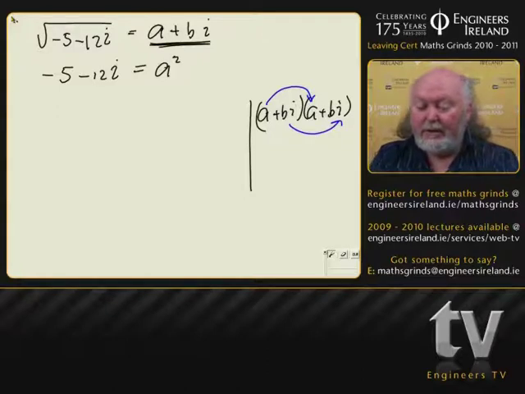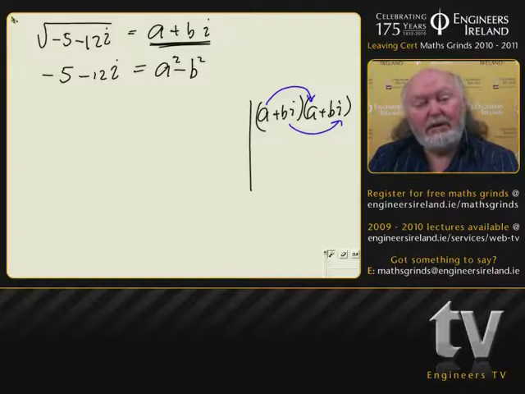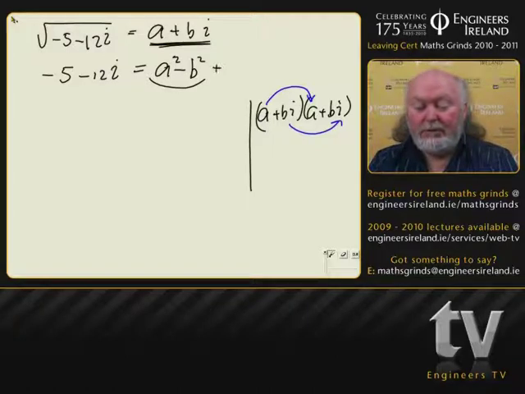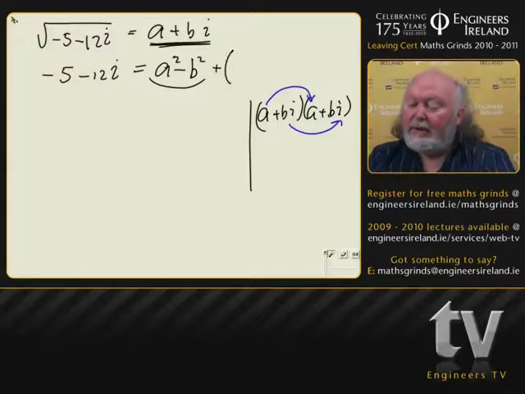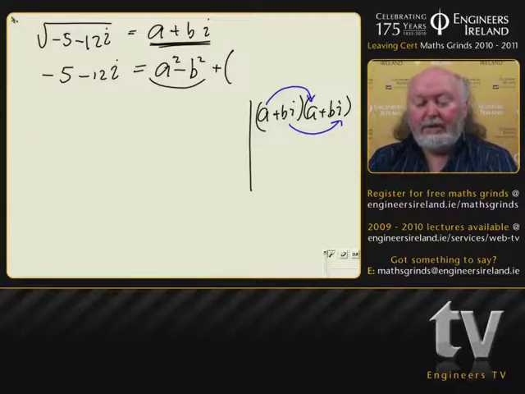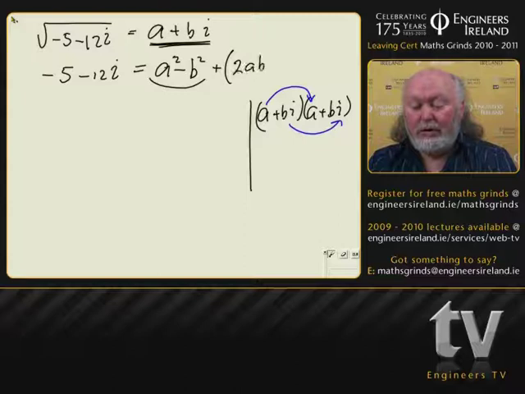So we'll get a squared minus b squared, because b by b is b squared and i by i is minus 1, so that's going to be our real bit. And we're saying plus what? We're going to go a plus bi and a by bi to abi.